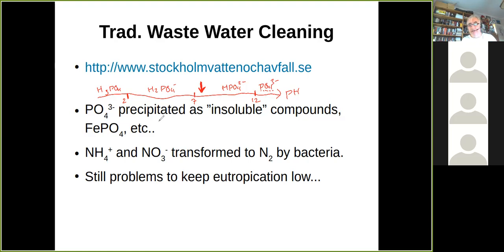But still, since, for example, iron phosphate is very insoluble, one can precipitate compounds between especially iron 3+ and phosphate 3-, whether this phosphate comes from hydrogen phosphate or even dihydrogen phosphate.